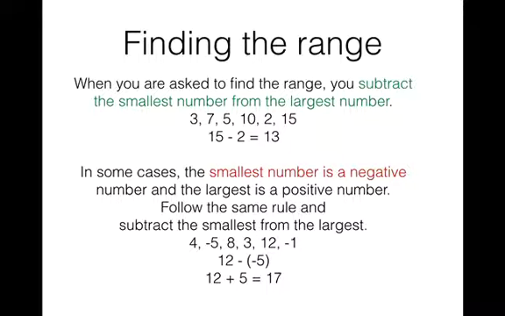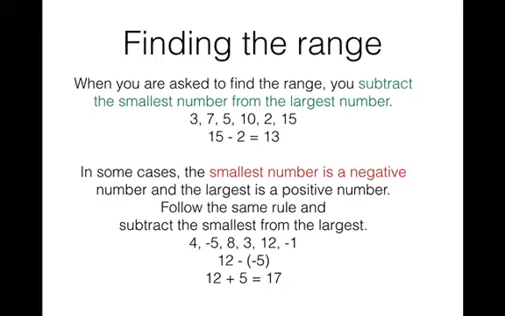Sometimes you're asked to find the range of something, meaning the difference between the highest number and the lowest number. So at the top of the screen, when you're asked to find the range, you subtract the smallest number from the largest number.